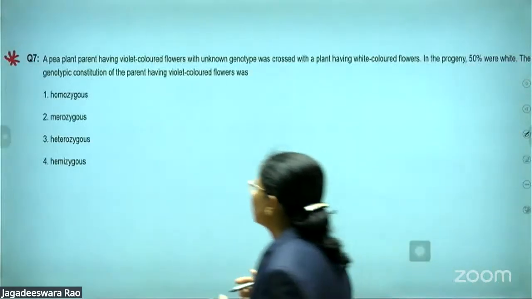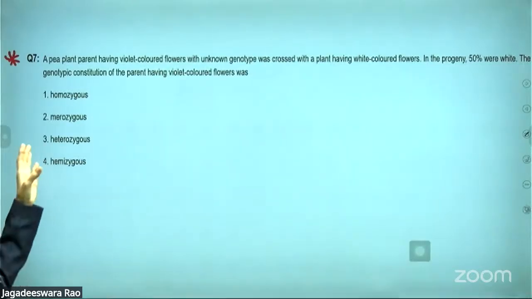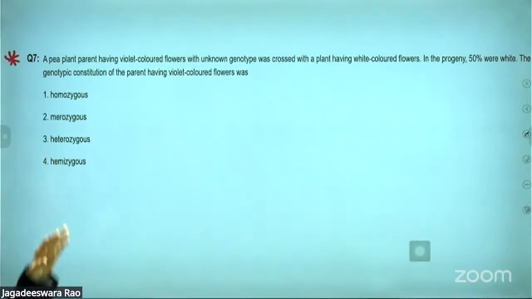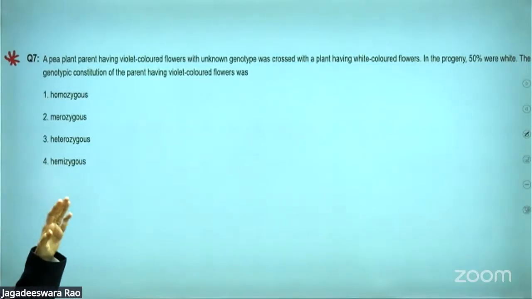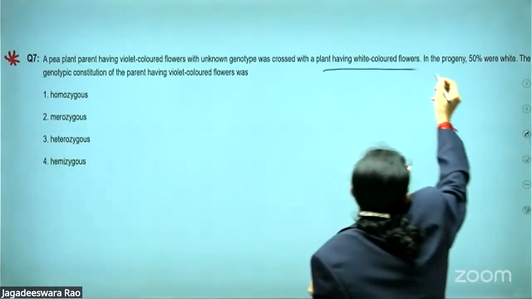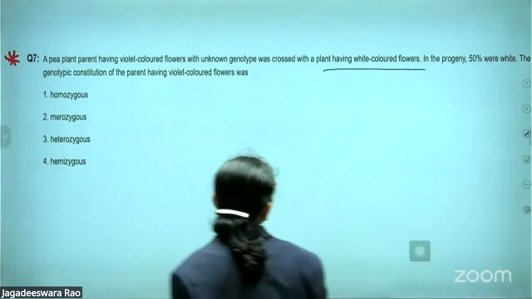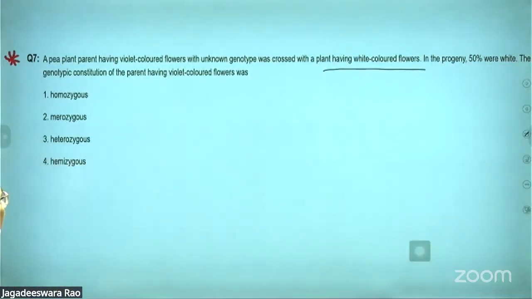The seventh question we are dealing with now: a pea plant parent having violet colored flowers with unknown genotype was crossed with a plant having white colored flowers. In the progeny, 50% were white. The genotypic constitution of the parent having violet colored flowers was?